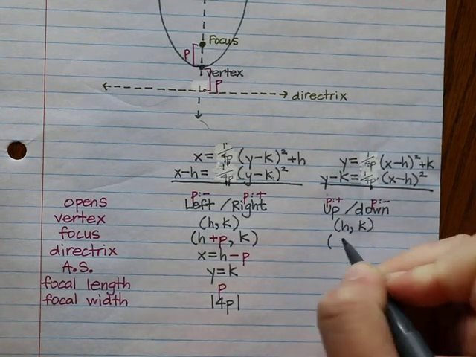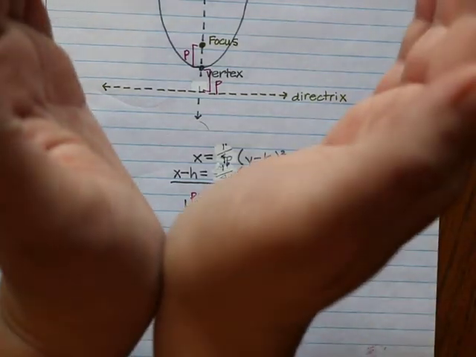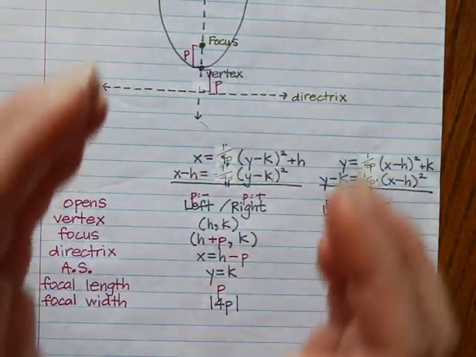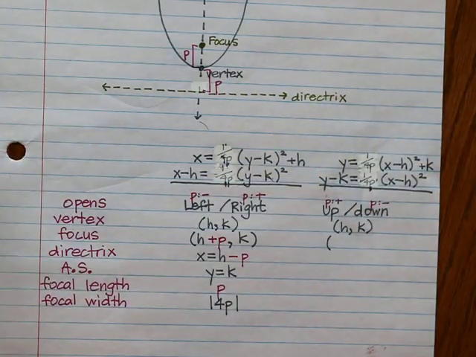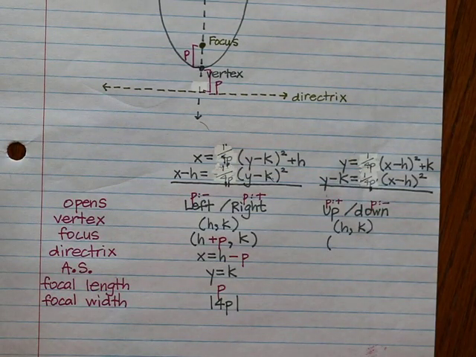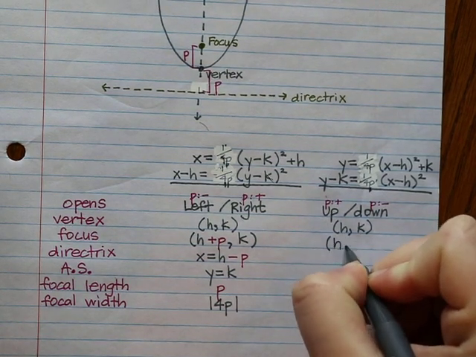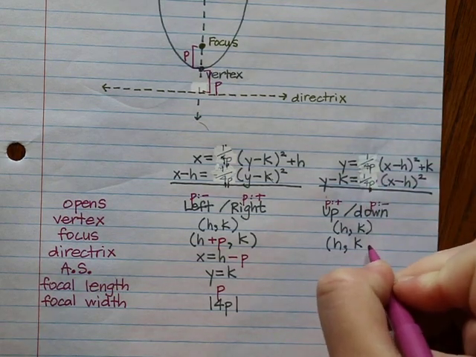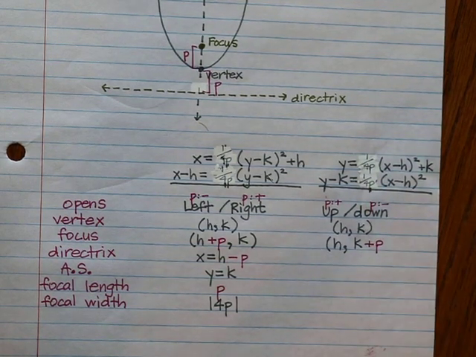The focus, because our parabola is shaped up or down, is going to be moving on the y coordinate, moving further into the parabola. So instead of adding this p value to h like we did in the previous part, we add it to k.